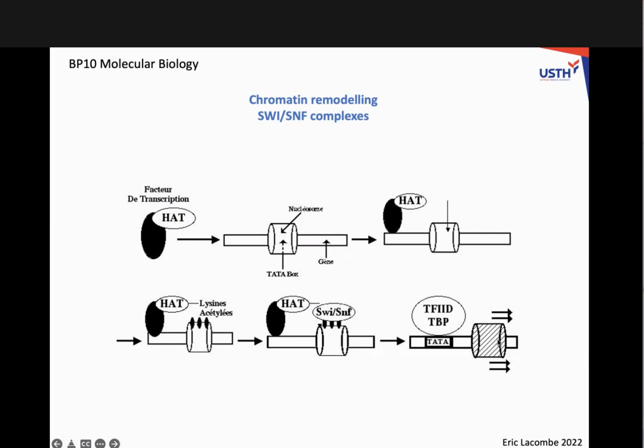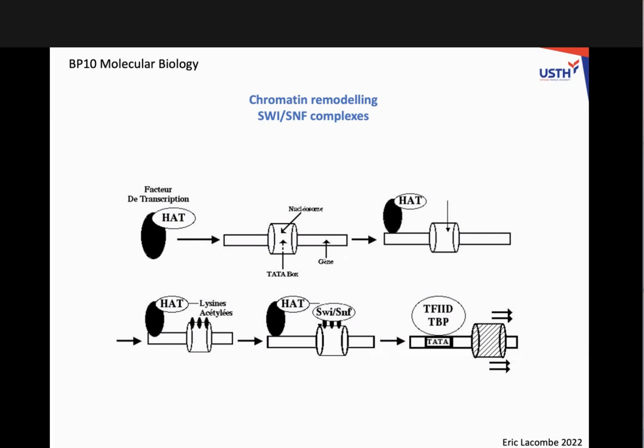So in this example, I just show you what happens for the TATA box, but it happens also for other important parts of the promoter that are responsible for the activity of the gene. I'm sorry, but this example is too local. You have to consider this example in the whole part of the gene, so promoter and beginning of coding sequence. You see what I mean?